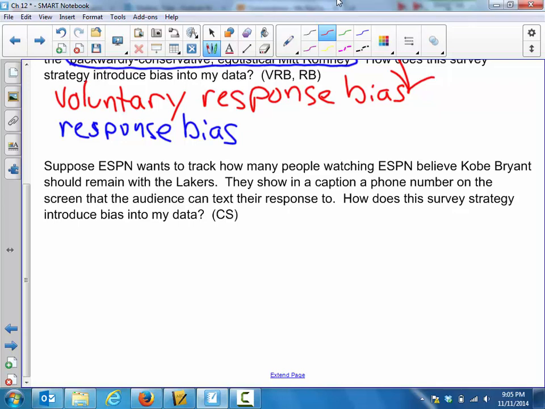what they have done, and here too, let me look through the second sentence again here real quick. They show in a caption a phone number on the screen that the audience can text their response to. Okay, this we call convenience sampling generally.